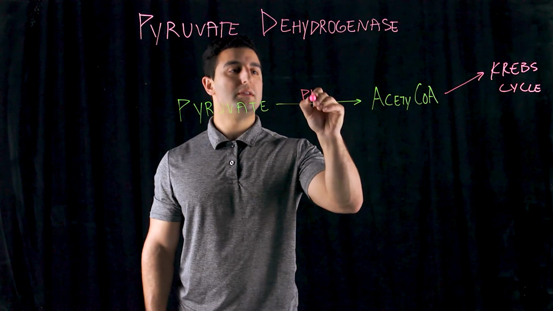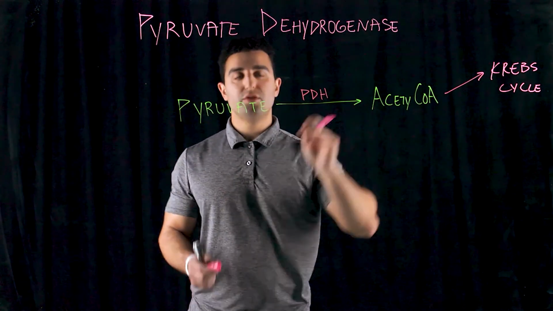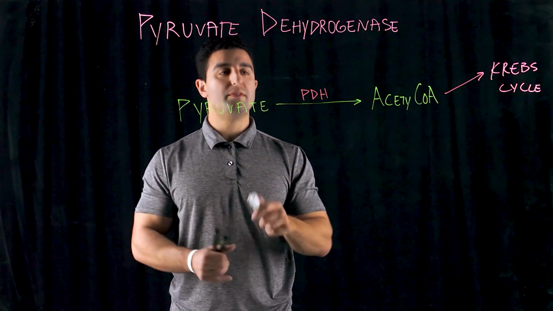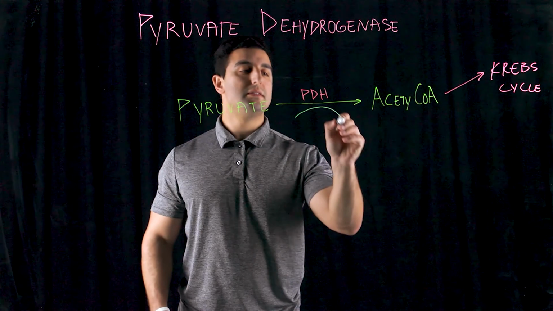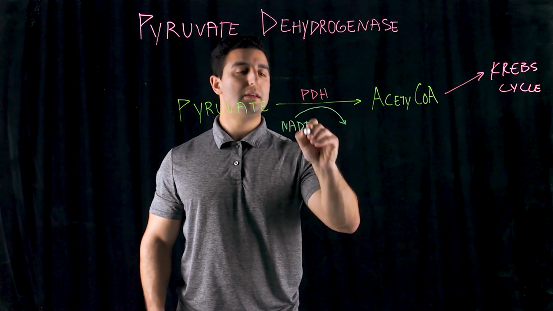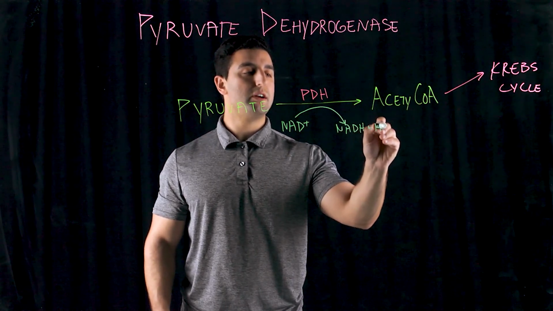So PDH is required. And again, you heard the word dehydrogenase. In this scenario, there is a specific molecule you've been very familiar with, NAD positive, nicotinamide. NAD gets converted to NADH plus an extra hydrogen also.